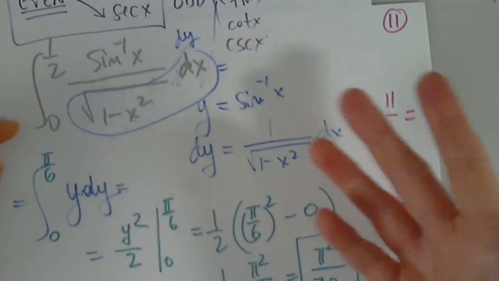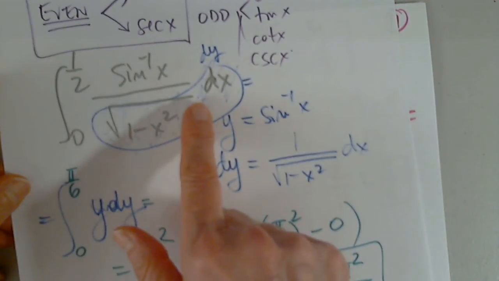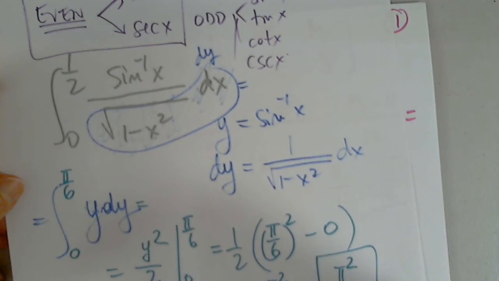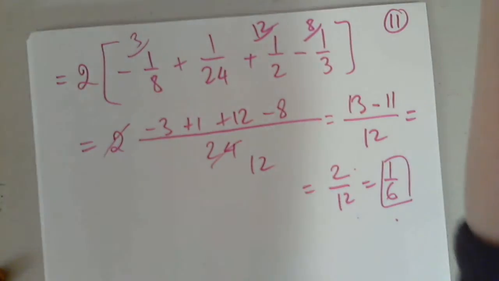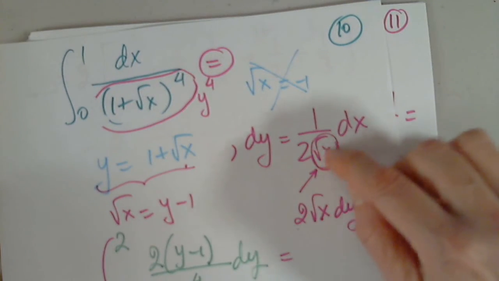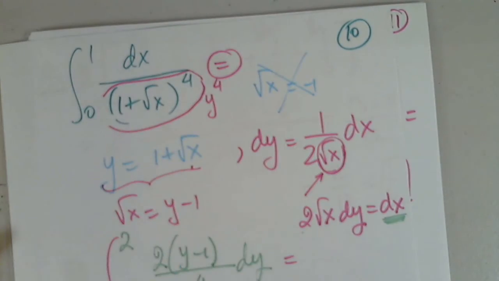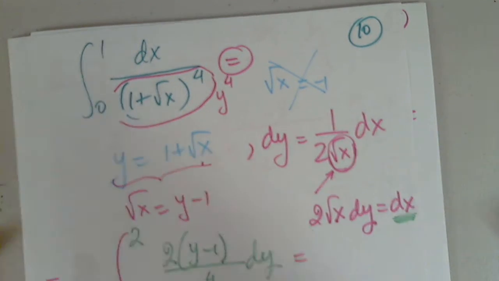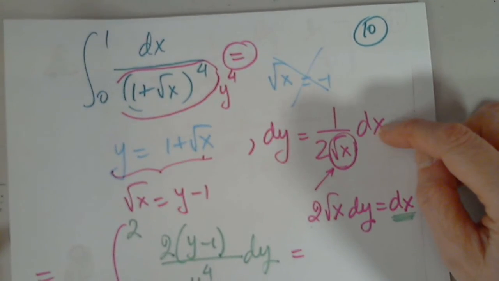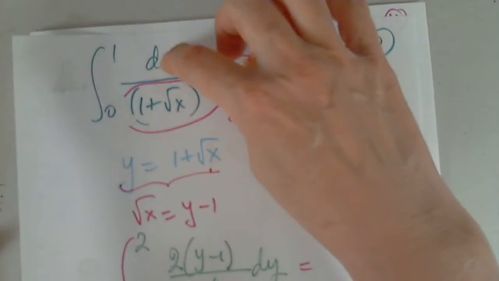So in these situations, I would highly recommend doing that because it's easier. You can always solve for dx. But here, because this was in the way, it wasn't clear what to do, how to replace what. So that's why in this situation, I did solve for dx and replace it in here.